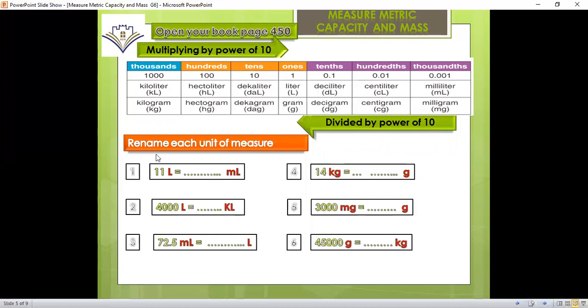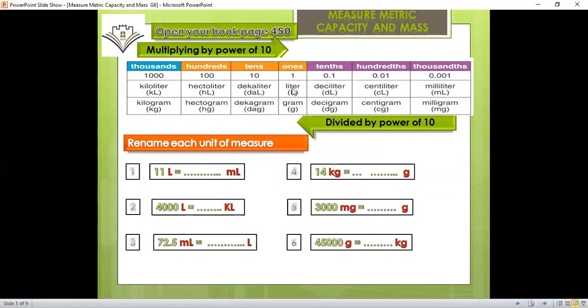Look at the first one. Rename each unit of measure. Number 1: 11 liters equals dots milliliters. Try to think, is it a larger unit as a smaller unit or the opposite? Liter is larger than milliliter. Then you should multiply by what?